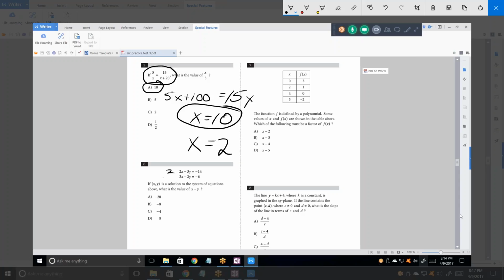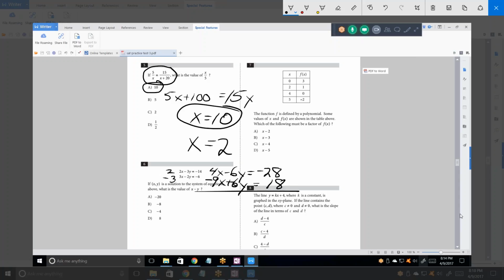Here's what we get. On the top, we get 4x minus 6y equals minus 28. And on the bottom we get minus 9x plus 6y is equal to 18. Now what?